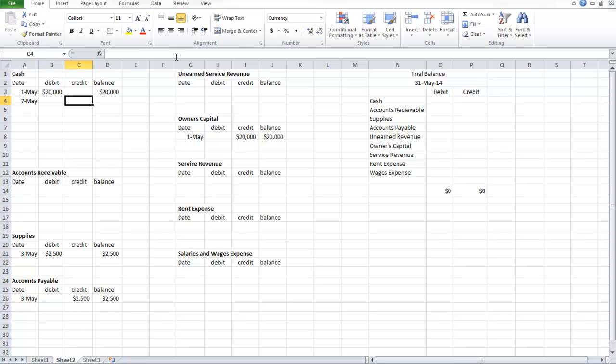So again, we go to each individual account. We have a credit for cash for $900, which reduces the balance of cash. And we have a corresponding debit for $900 for rent expense.